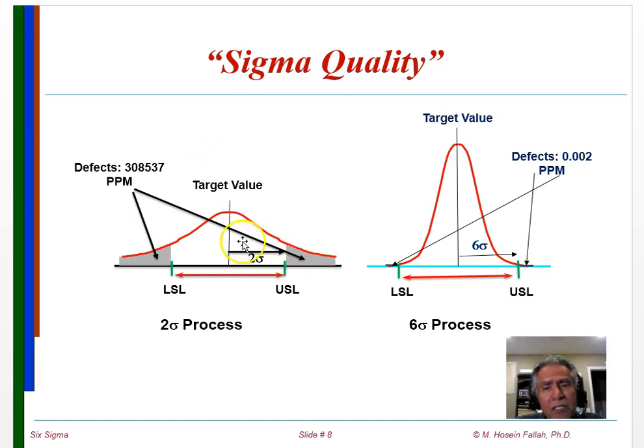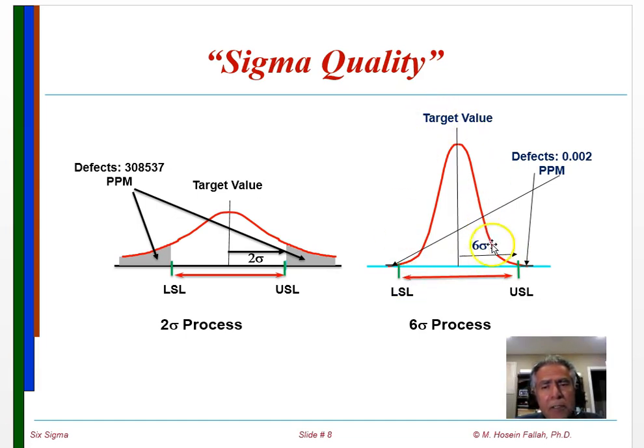However, if we improve this process to move it up to 6 sigma, here I've shown again the specification limit the same as before, but the process standard deviation has been reduced so much that 6 standard deviations on each side of the mean actually fall within the specification limit, and that corresponds again, as we showed in the previous chart, to a level of defects of 0.002 parts per million on combination of both tails of the distribution.